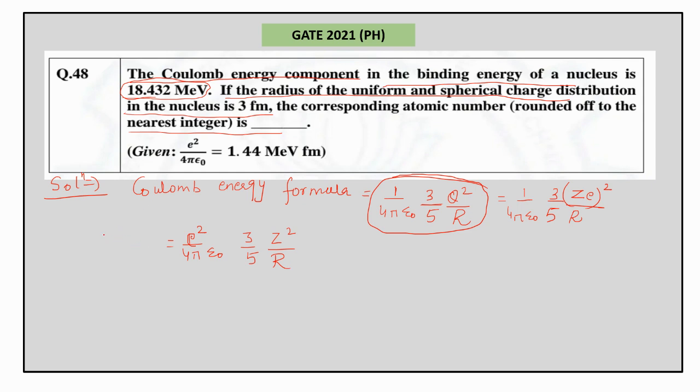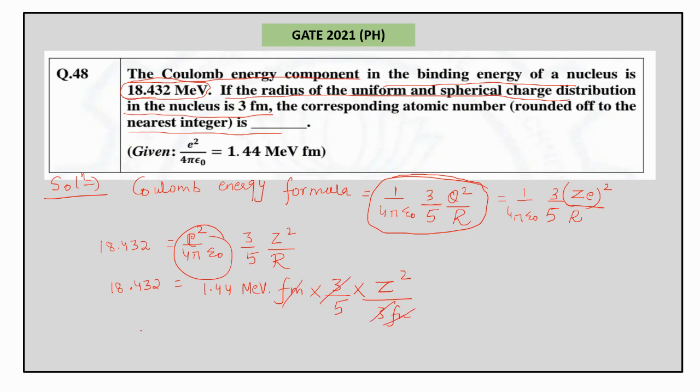Okay. And this Coulomb energy value is given to us: 18.432. So 18.432, and e square upon 4 pi epsilon naught is 1.44 MeV Fermi. 3 by 5 Z square, Z square is what we need to find out, and r is 3 Fermi.